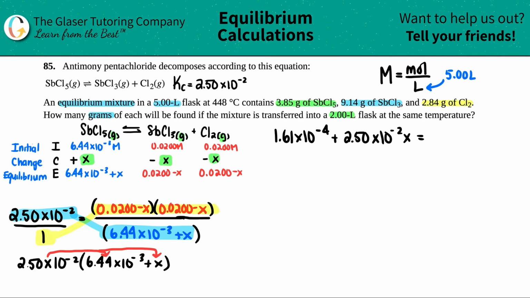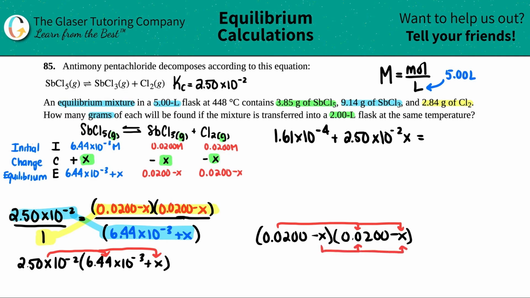But this looks like a foil to me, so I'll do it down here. 0.0200 minus x times 0.0200 minus x. This first term has to be multiplied by the first and the second term. You got to be fair. And then this has to be multiplied by the first and the second term.